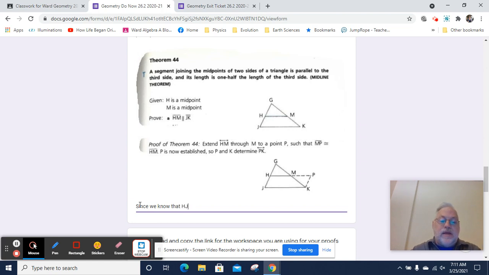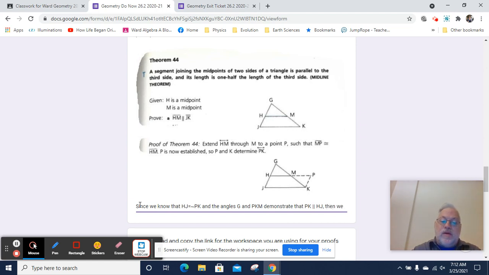HJ is congruent to PK, and the angles G and PKM demonstrate that PK is parallel to HJ.